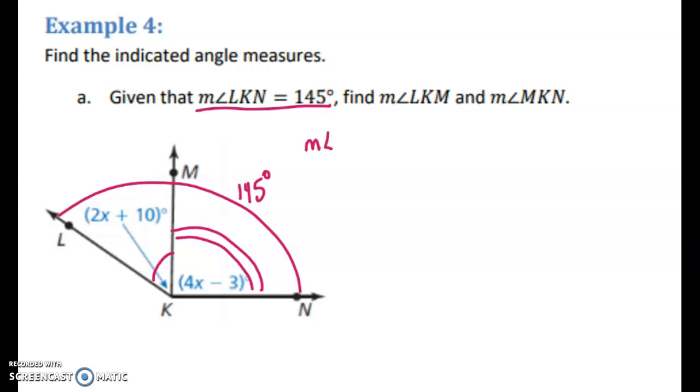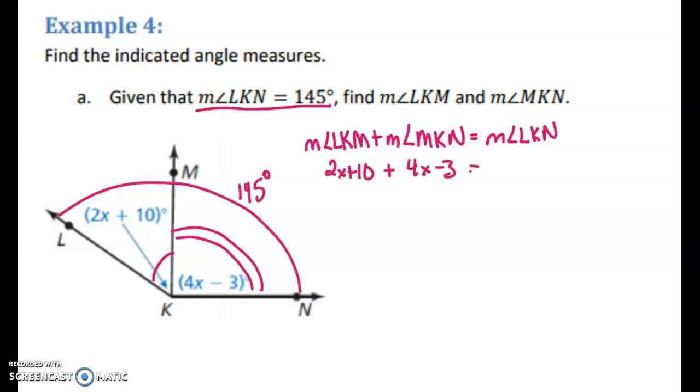So the angle addition postulate says that angle LKM, the left one, plus the angle on the right, MKN, equals the whole angle, which was LKN. So now let's fill in what we know. LKM is 2x plus 10. MKN is 4x minus 3. And then LKN, they told us, was 145 degrees.